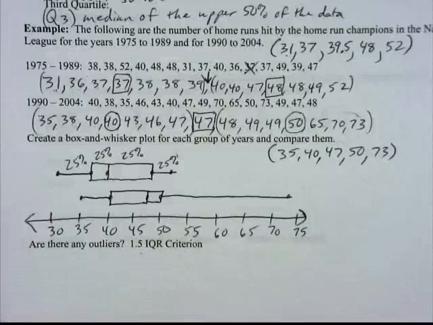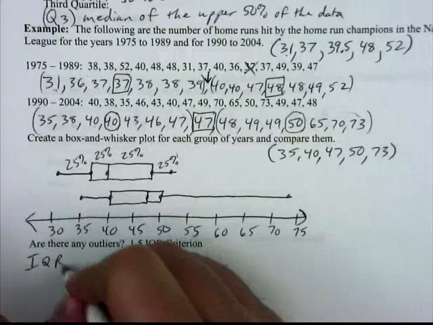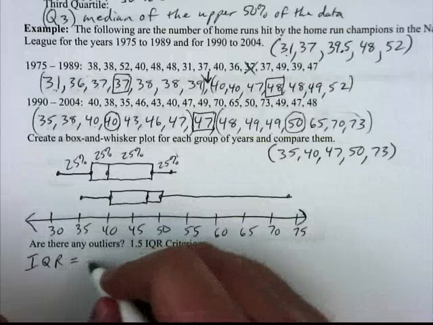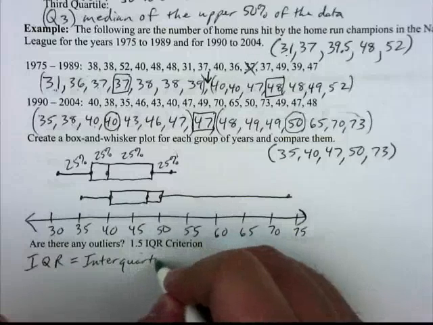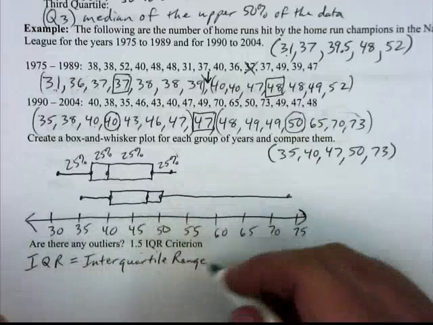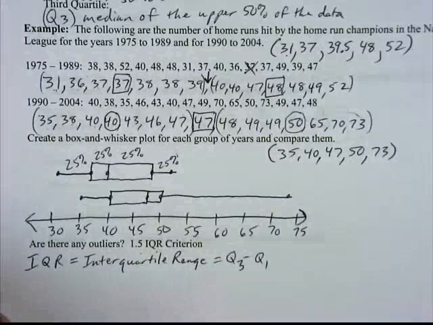And in order to talk about them, what we need is something called an IQR, which stands for interquartile range. It's basically how big is the box. So it's Q3 minus Q1.